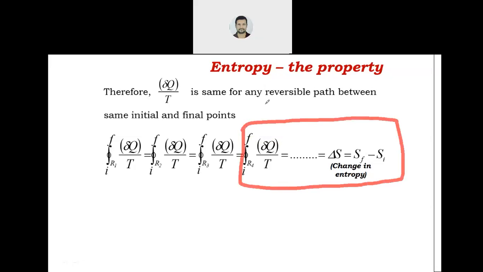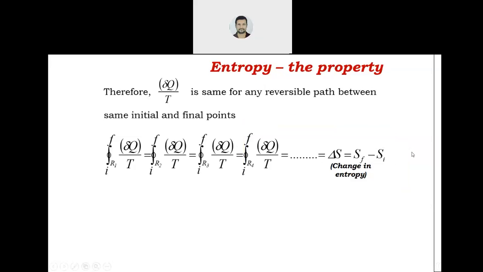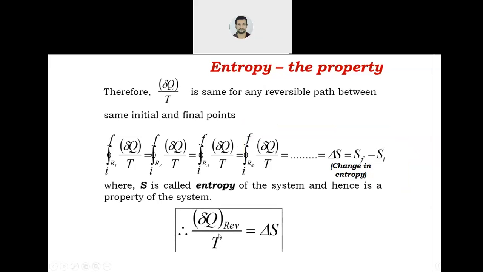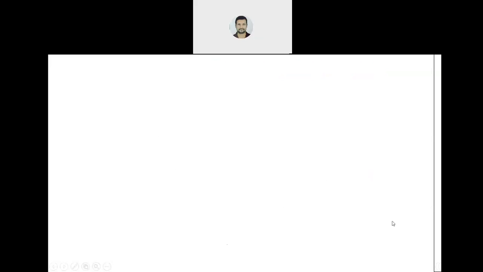If you were asked to prove it, you will prove it like this only, starting from the temperature scale and the Clausius theorem, and you will proceed up to here. So note this down: for a reversible process, dq by T is equal to delta S. This is the important conclusion.